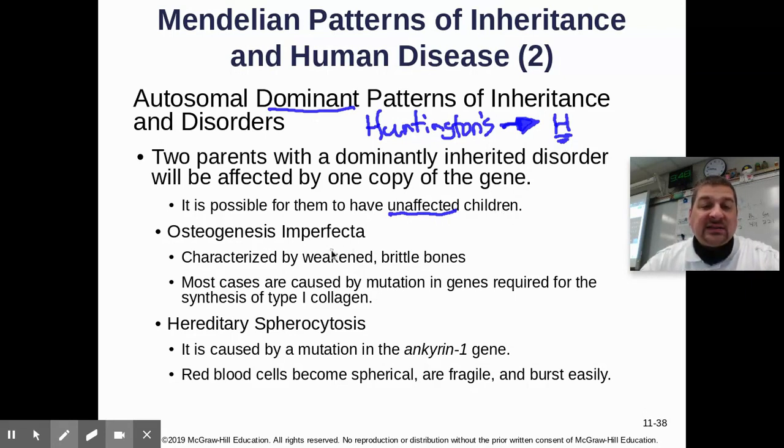Another one, osteogenesis imperfecta, is characterized by weak, brittle bones. It's just not enough collagen. Not enough collagen is produced, and the bones become very brittle. There is the Viking your book talks about, Ivan the something, who would break bones so easily they'd carry him into battle on his shield.